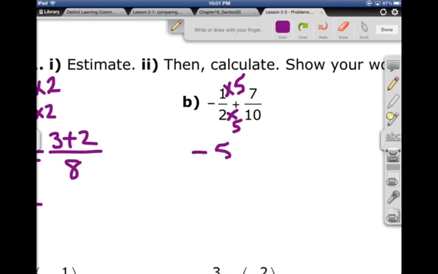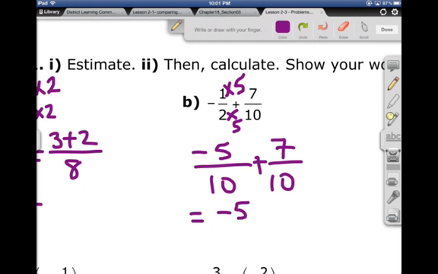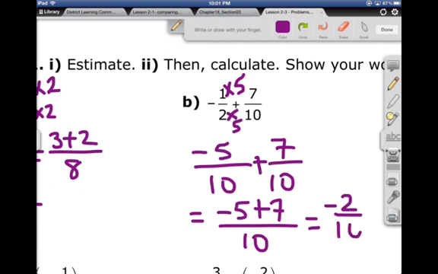This is negative 5 out of 10, increased by 7 out of 10. When you go to combine these, you've got negative 5 plus 7 out of 10, which is negative 2/10. Positive 2/10. Whew, caught myself there.